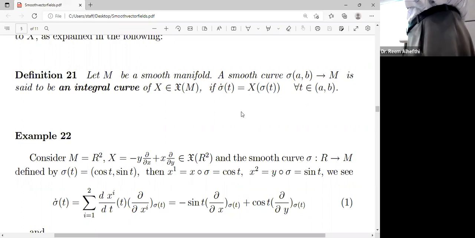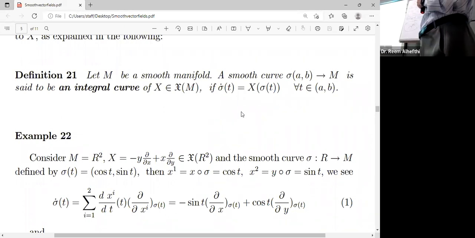Take a point here. And suppose we have a smooth curve passing through point P.